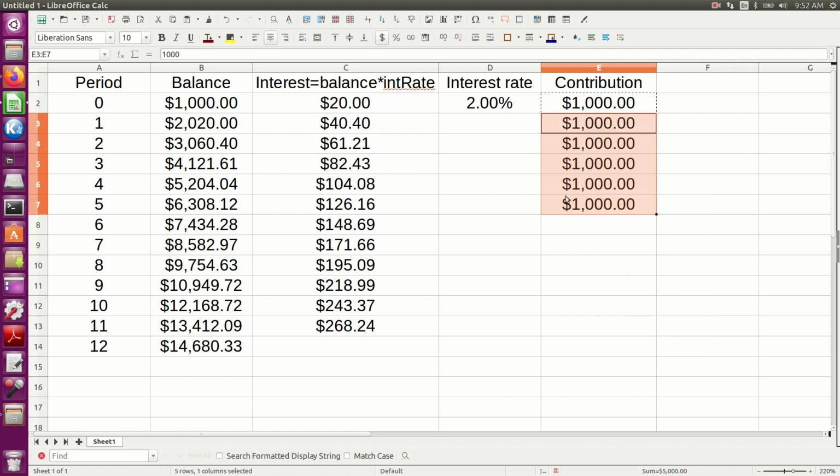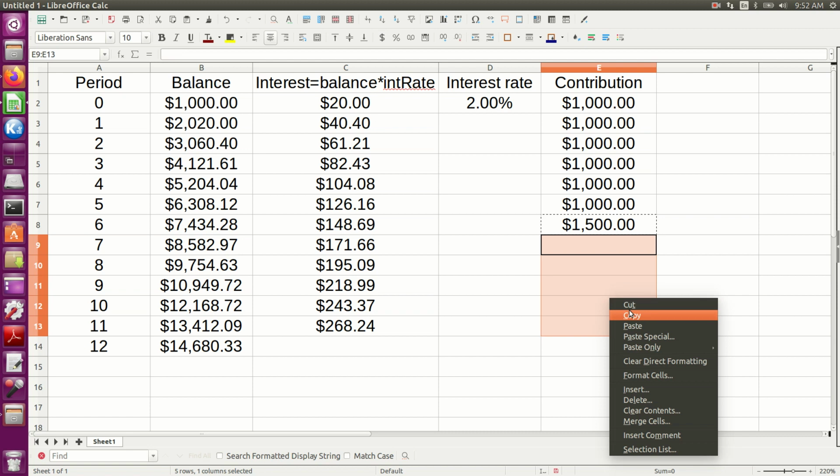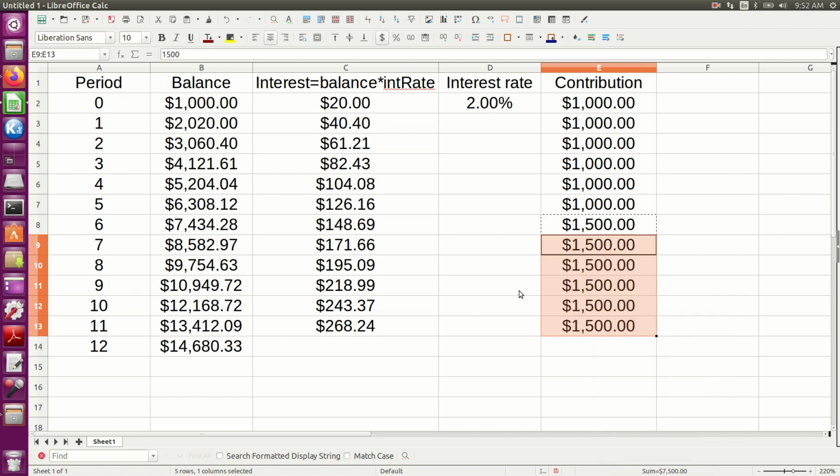And so suppose I thought for the first 5 years I would do $1,000, and then after that I would do maybe $1,500 because I have a little more money. Now notice, it didn't make it into dollars, but that's okay. I just come up here, I can say I want dollars. Now again, I copy that and I paste it down here for each of those, and $1,500.